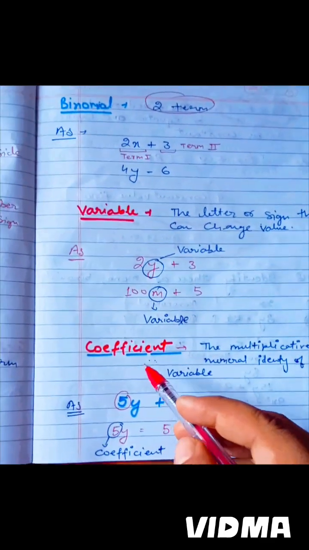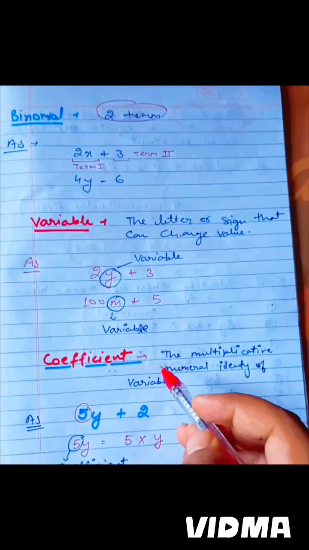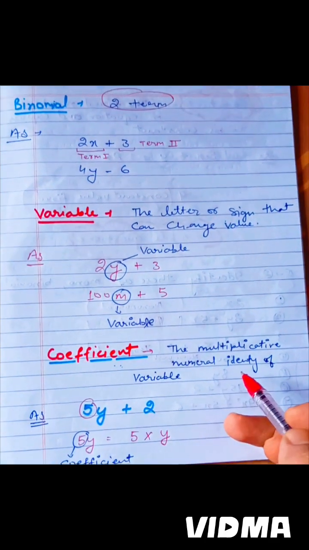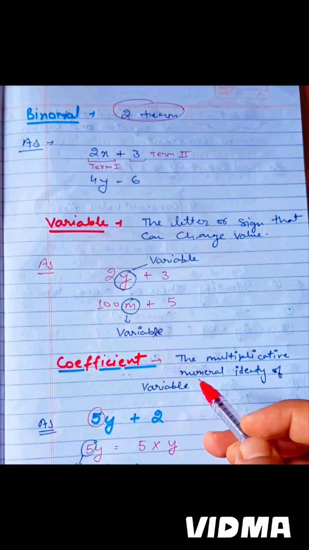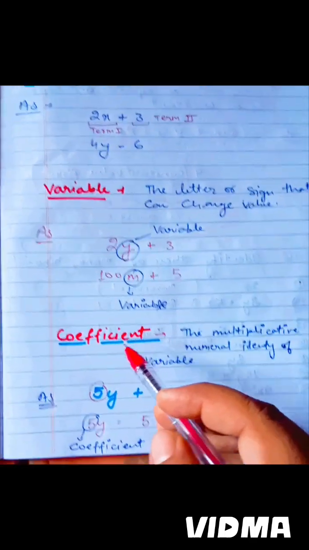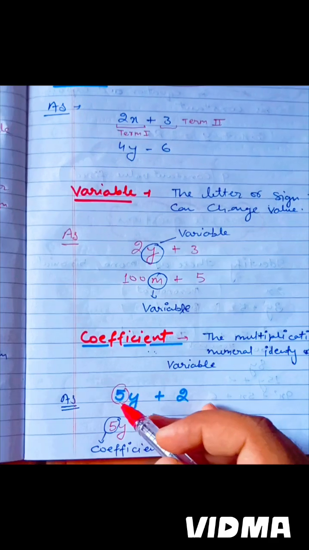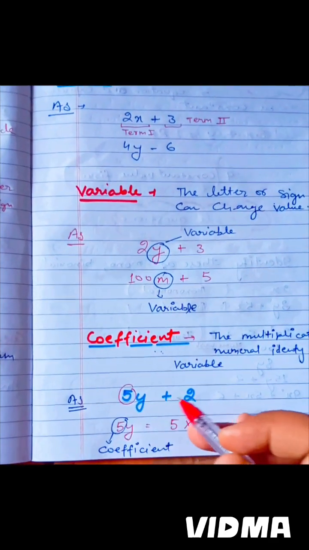Next topic about the elements is coefficient. What is coefficient? The multiplicative numeral identity of a variable is called coefficient. Example 1, there is 5y plus 2.